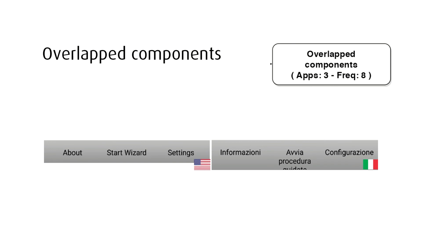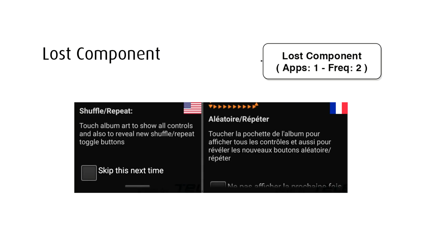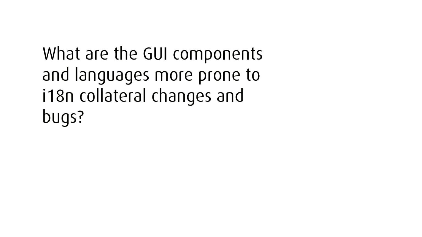The fourth one is the overlap components, where, as we can see in the right image, the text length goes over the component and overlaps it. And the last one is the lost component, where, as we can see, we are no longer looking at the button in the left image.